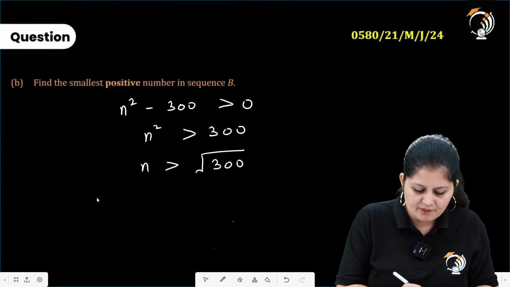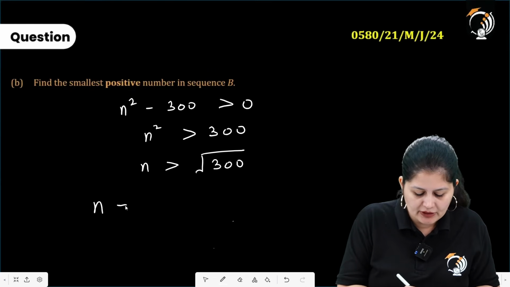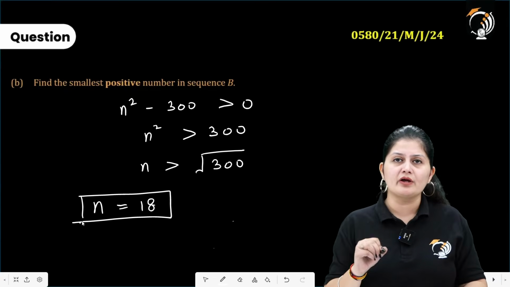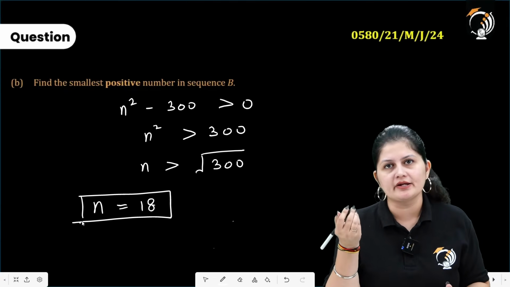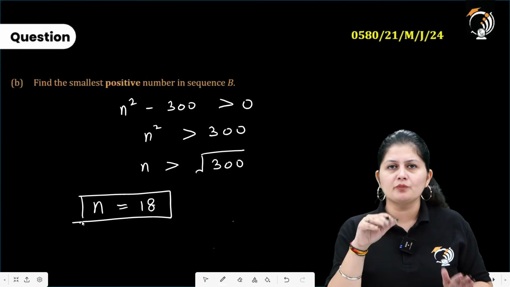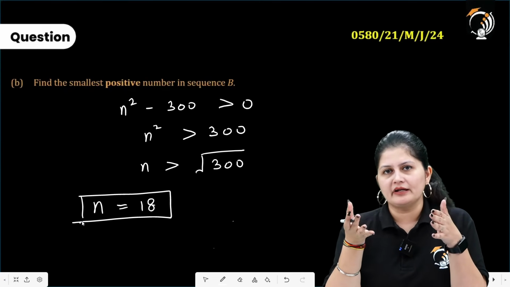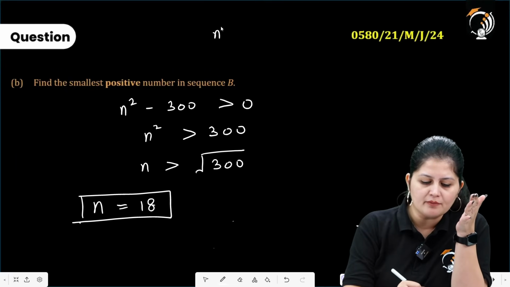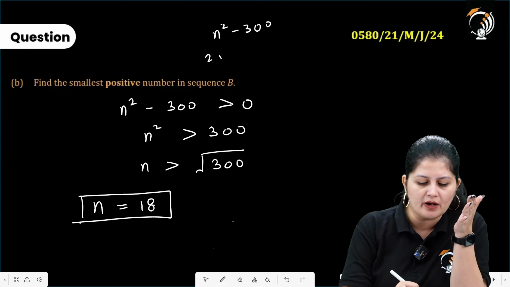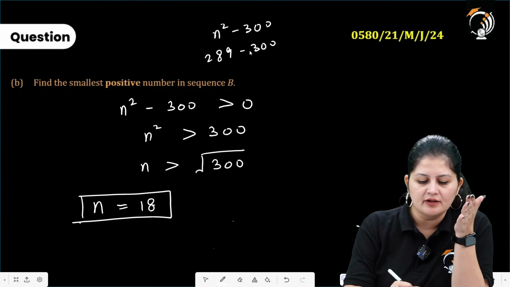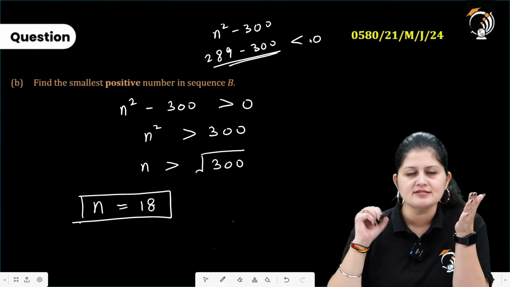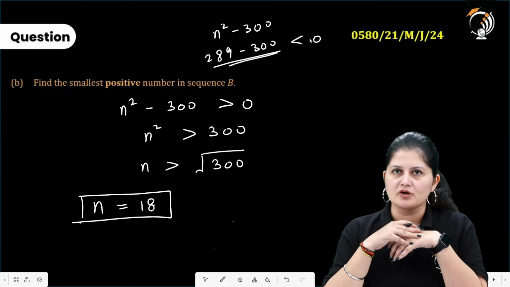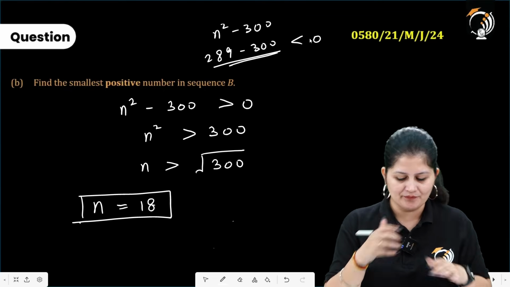So, n needs to be equal to 18 in that scenario. Because the square of 17 is 289. Correct? If I put n equal to 17, we will get a negative value, because n square minus 300 would be 289 minus 300. That gives you a value less than 0. So, when n is equal to 18, you will get a positive value here. Understood?